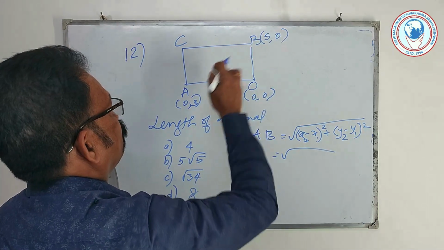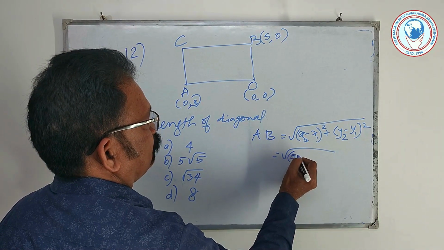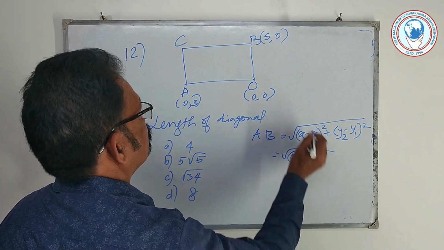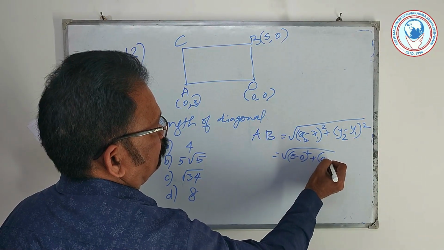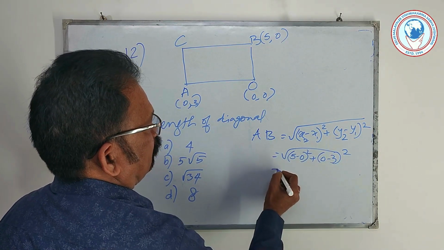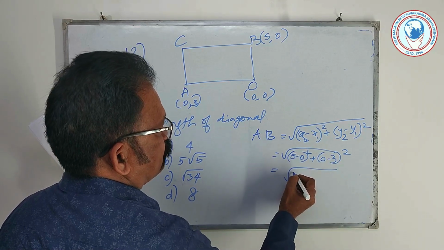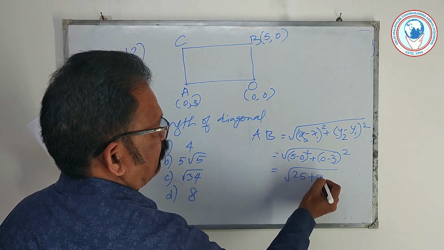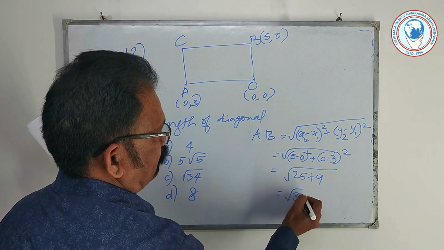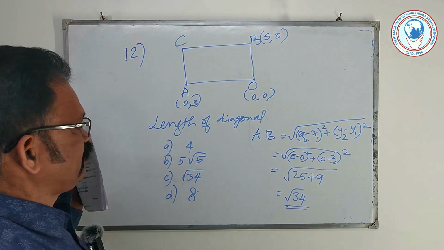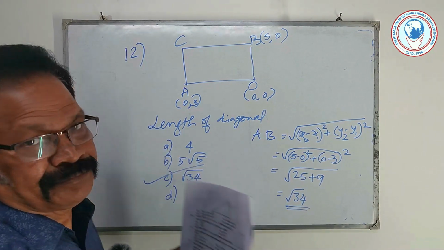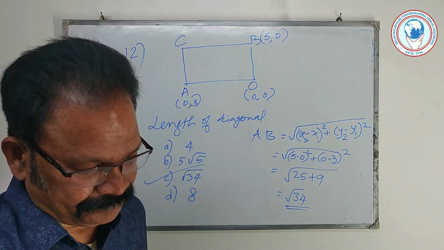That is 5 minus 0 the whole square plus 0 minus 3 the whole square. That is root of 25 plus 9, root 34. So our option is C, root 34.